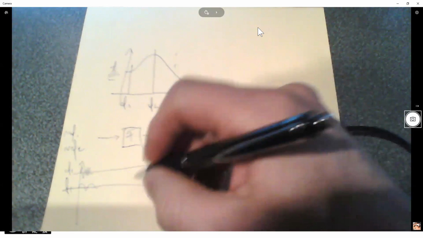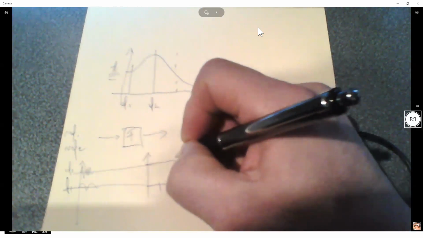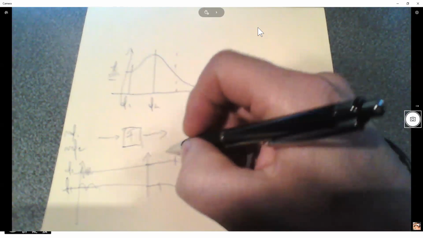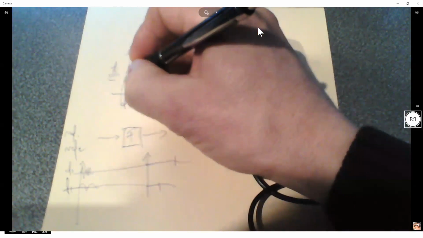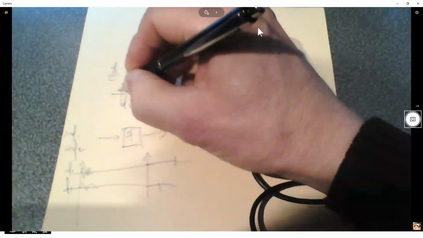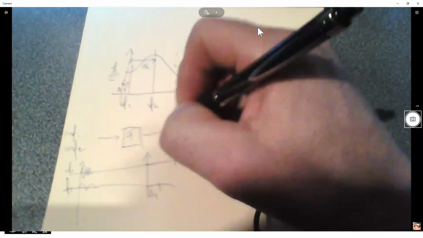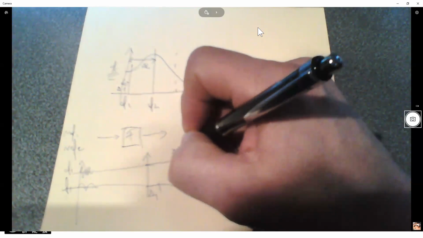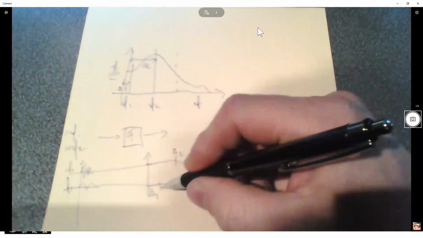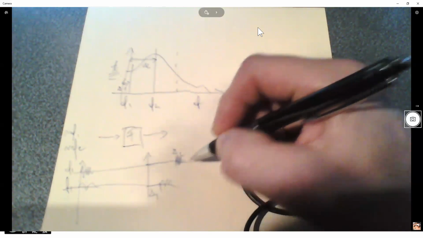On the other side of the system, the first one has a small time delay, but the other part has a different time delay. So we have two different time delays, delta 1 and delta 2. Coming out, this filtered signal would start here, and the other signal starts here.